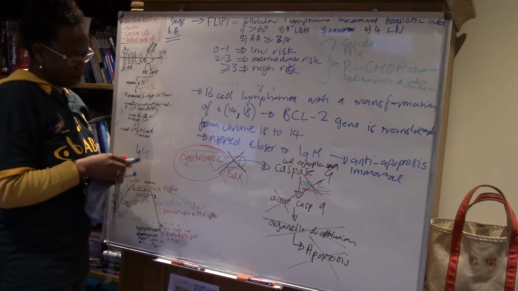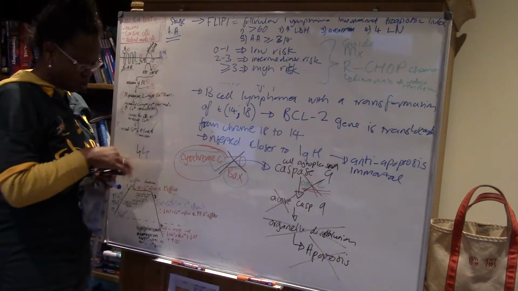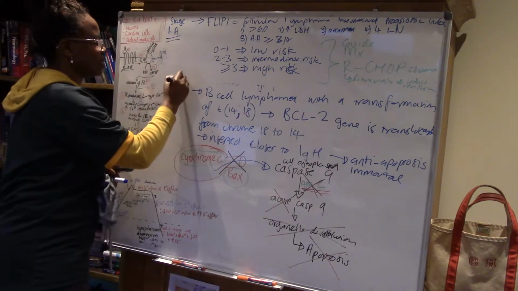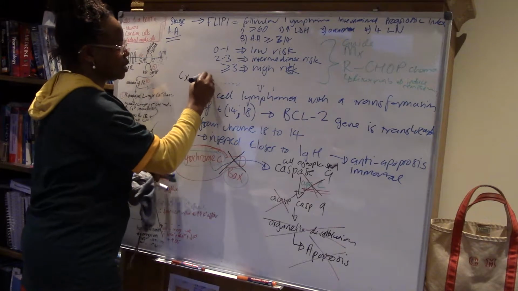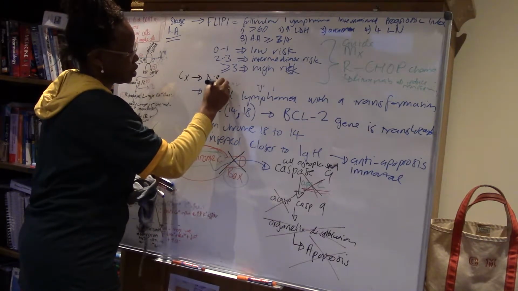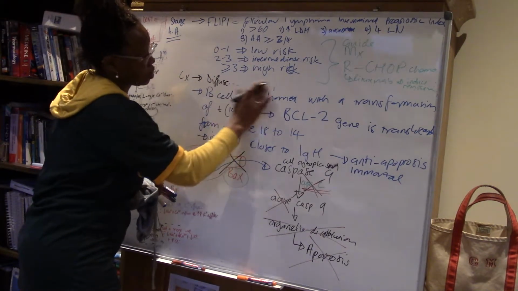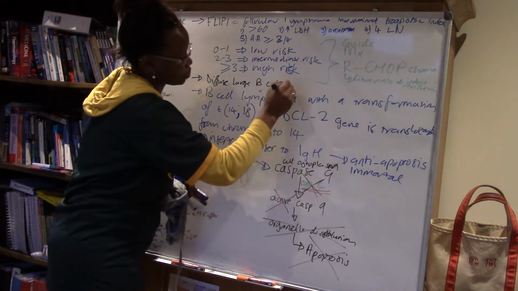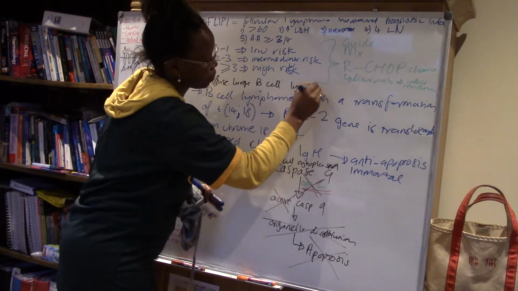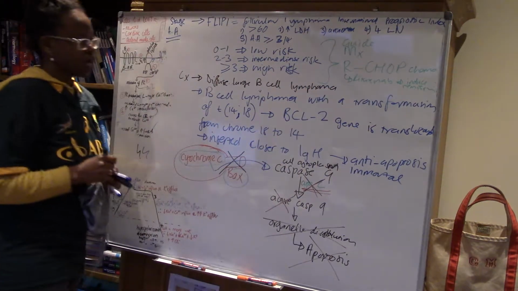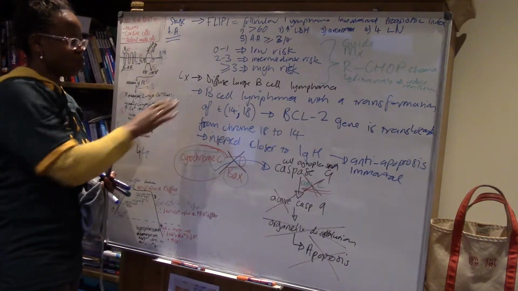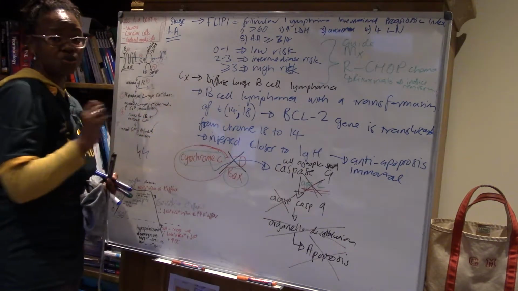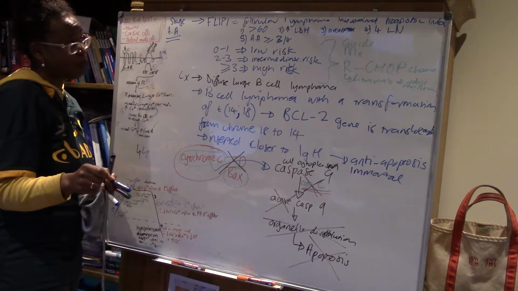Follicular lymphoma is, however, known for its complication. It can transform into a diffuse large B-cell lymphoma, which is a much more aggressive cancer in comparison to a follicular lymphoma.